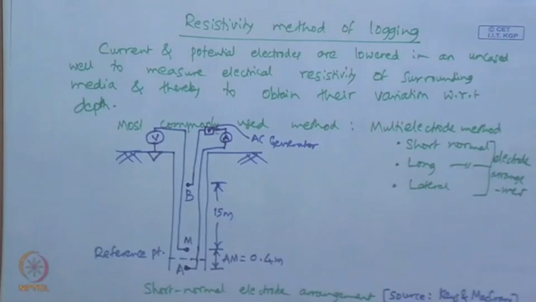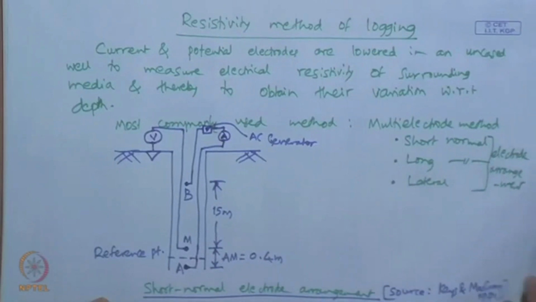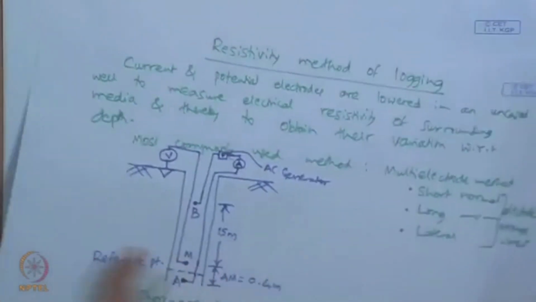So, this is the short normal electrode arrangement.